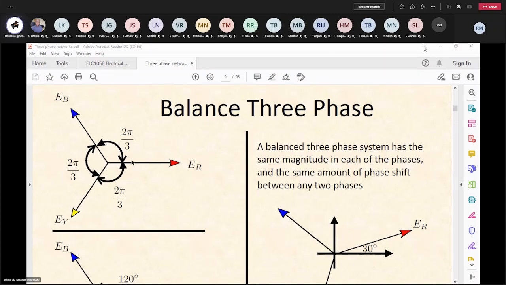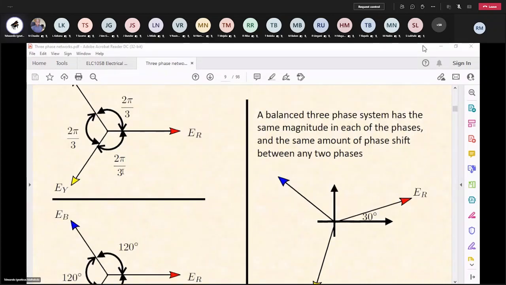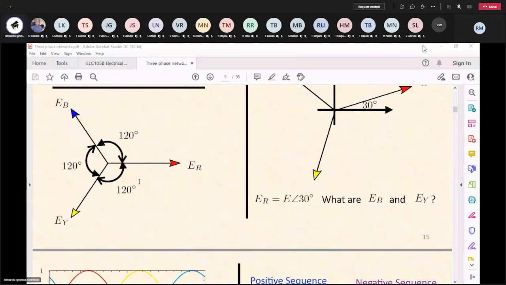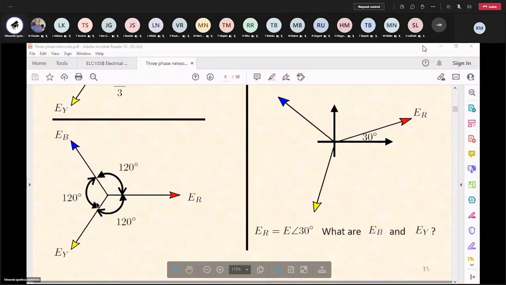If you are at the red point, here they are expressed in terms of pi, but here you can see they're expressed in terms of degrees. So if our reference in this instance is the red phasor, you can see that E yellow is at minus 120 degrees, E blue is at positive 120 degrees.